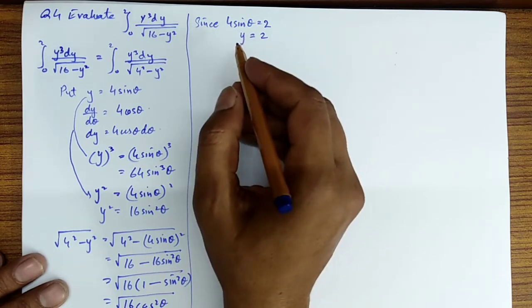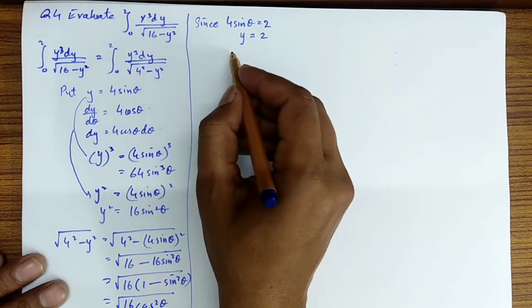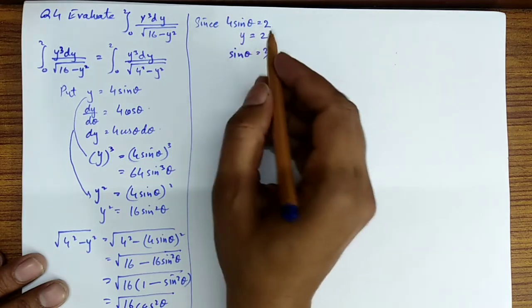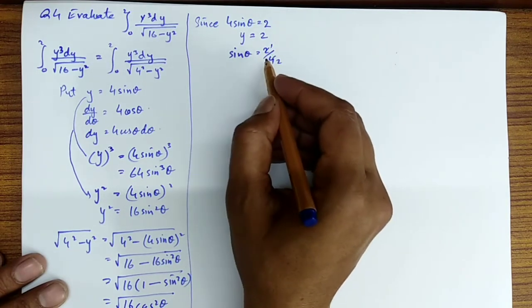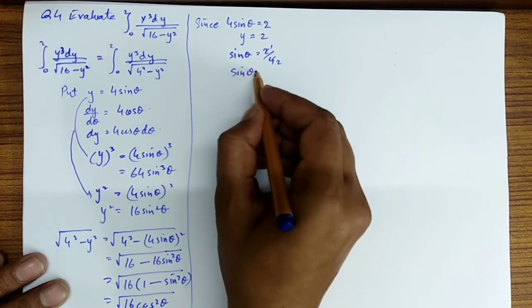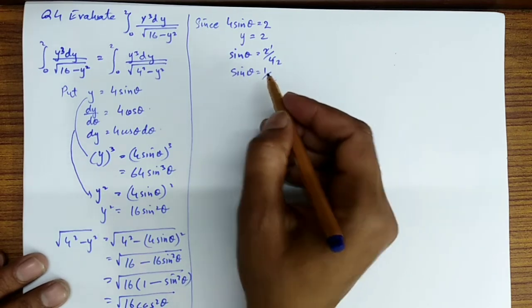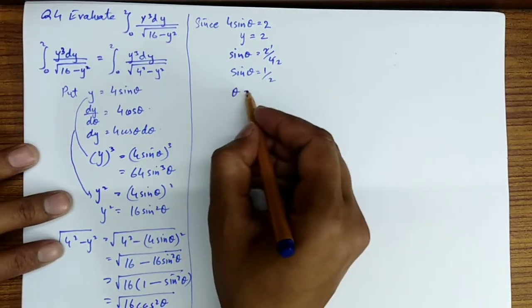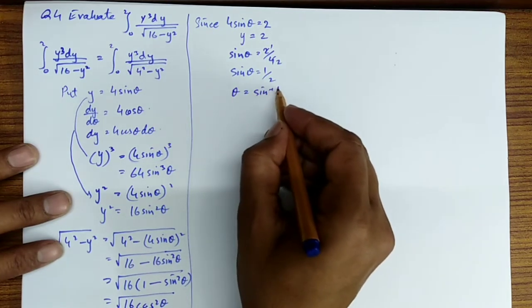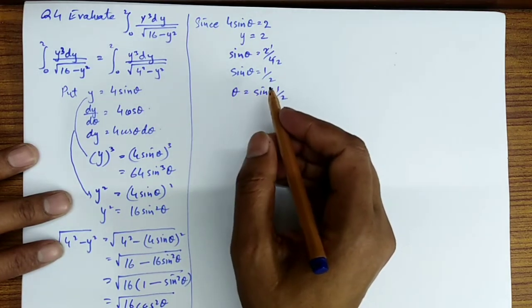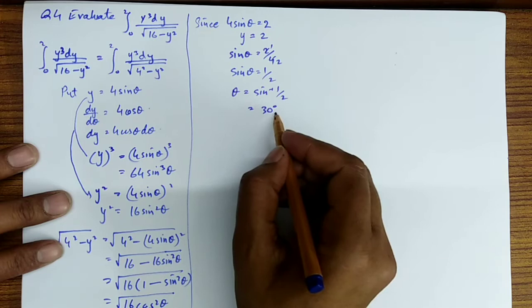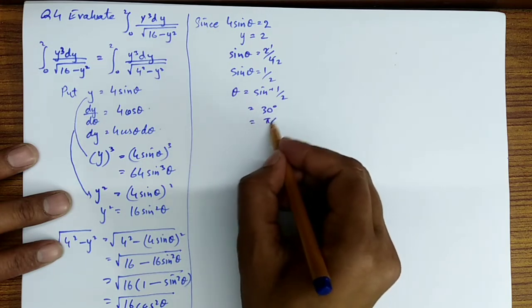Then sine theta from the same part is 2 upon 4, which becomes sine theta is equal to 1 upon 2, right? So theta will be equal to sine inverse of 1 upon 2, which is equal to 30 degree, or this can also be equal to pi upon 6, right?